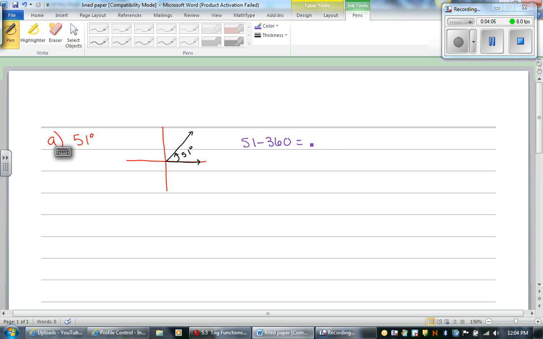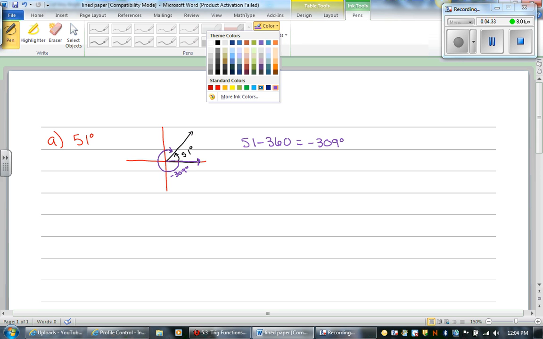Okay, it's going to give me negative 309. Now what that would look like on here, again, standard position, except this time, since it's a negative rotation, I'm going this way. I'm going clockwise, and it's going to end at the same terminal ray. Okay, this is negative 309 degrees. Shares the initial, shares the terminal.